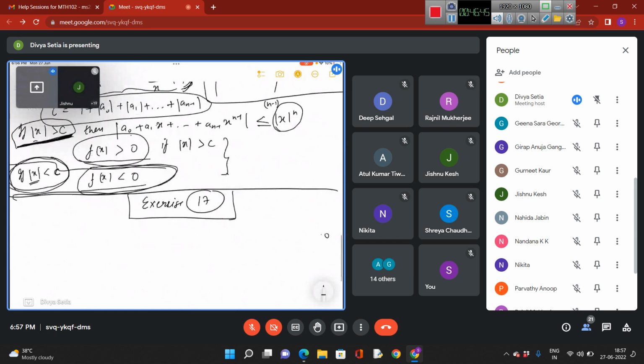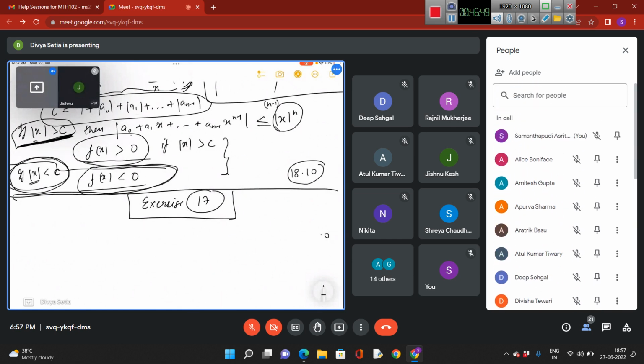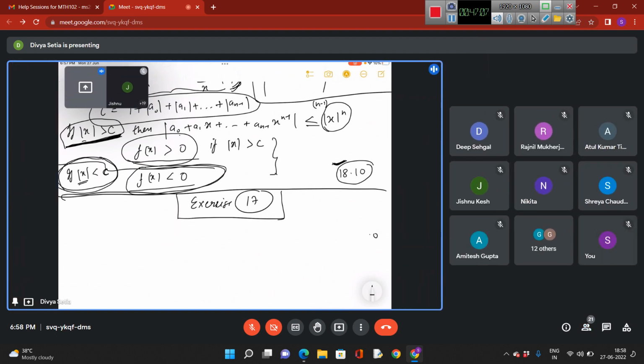And in the next class, someone will please present problem 18.10. I am not assigning this problem to anyone, but try this problem out and please someone present this problem. I want that someone solve this problem 18.10. I don't want to forcibly tell you that you have to particularly solve the problem.